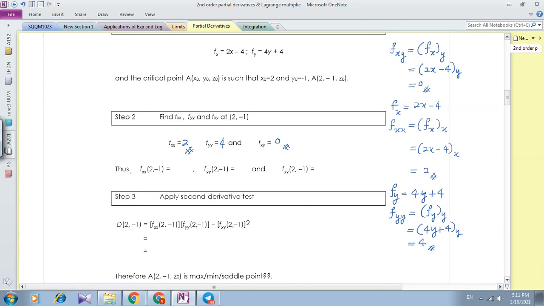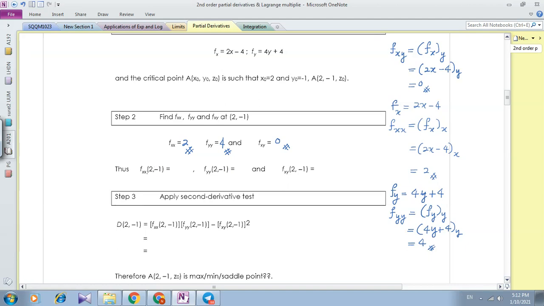Thus, as you can see, the second order partial derivatives are all constant. So regardless of the 2, negative 1 here, they will remain the same.